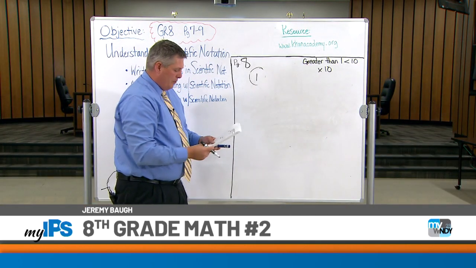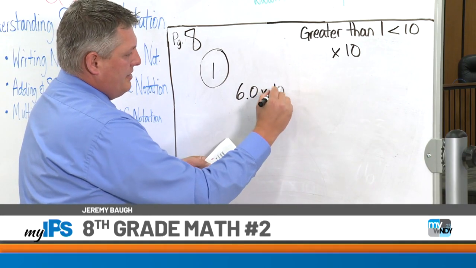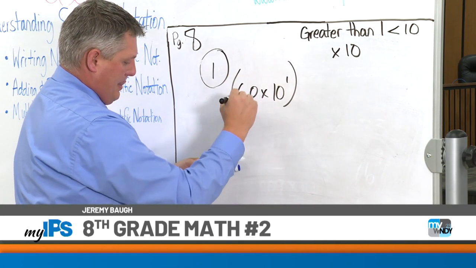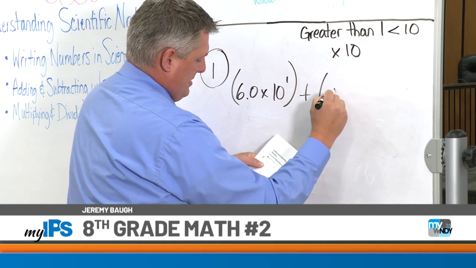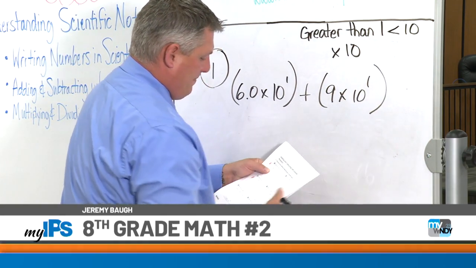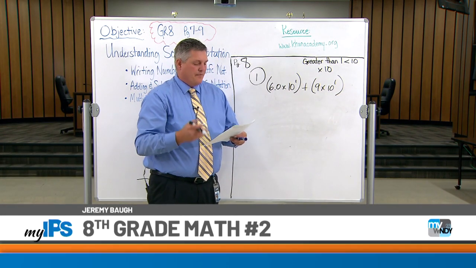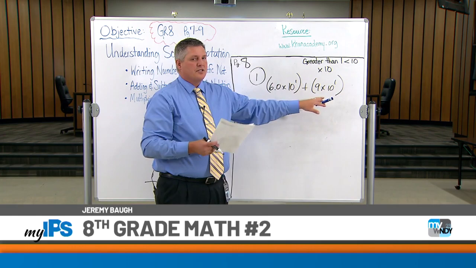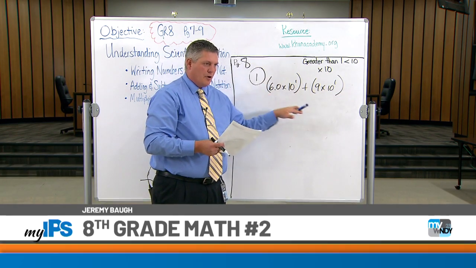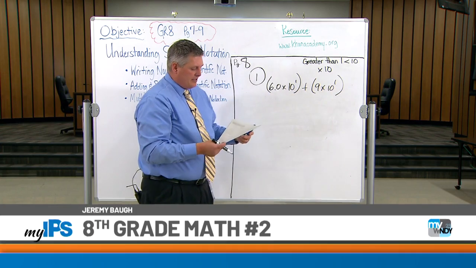Page 8, problem 1. 6.0 times 10 to the first power plus 9 times 10 to the first power. And you might say, I got to actually solve this? Remember, these are abbreviations of numbers. We can simplify them, we can work through them, and we just have numbers. That's all it is, and we're just simply adding. So this is really back to the basics.